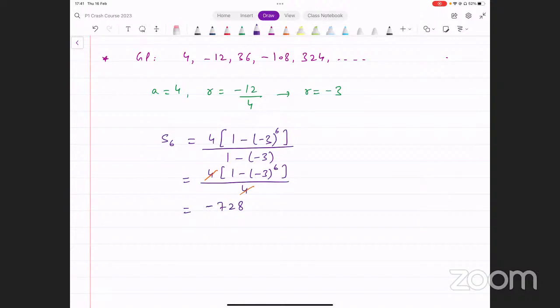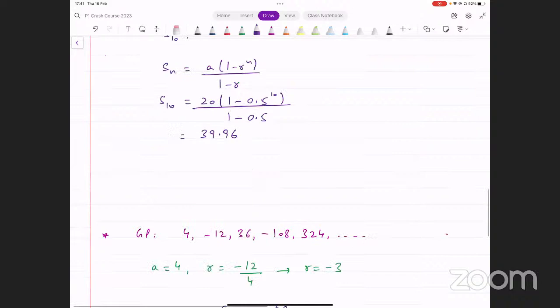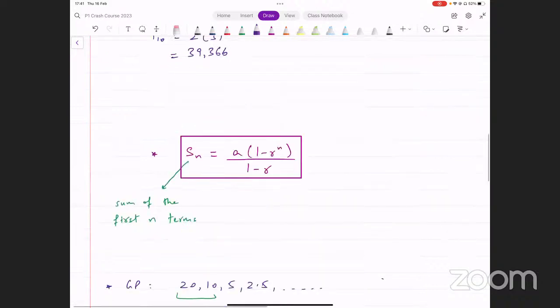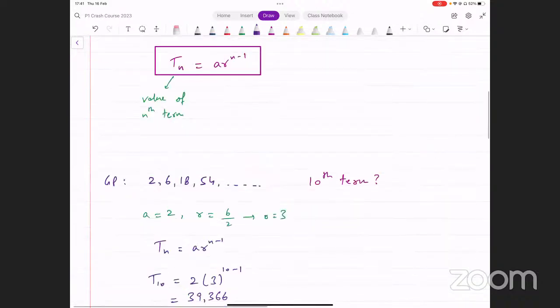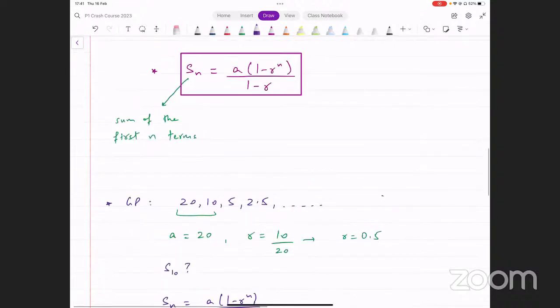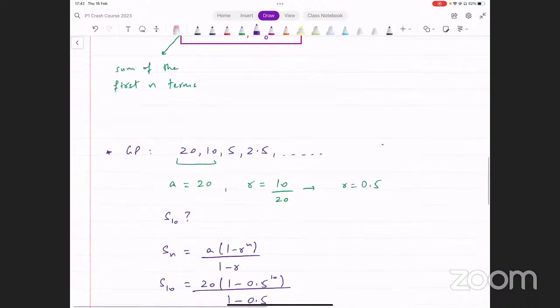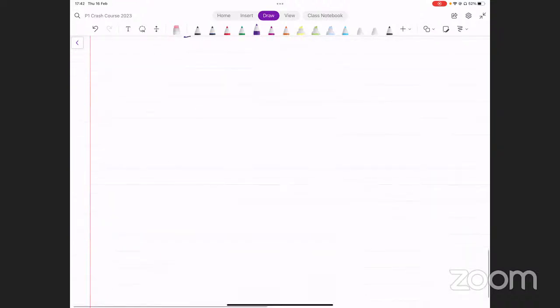All right, now a couple of more things related to this. We've talked about the term formula of a GP. We've talked about the sum formula for the GP. All right, now in a lot of situations, you will have some kind of scenario given, and you'll have to figure out yourself whether it's an arithmetic sequence or a geometric sequence. Now, keep this in mind.